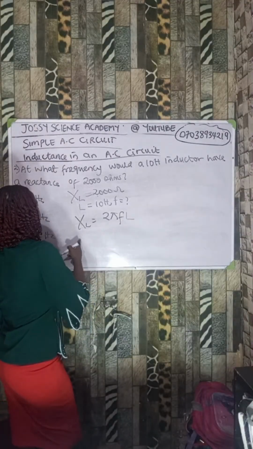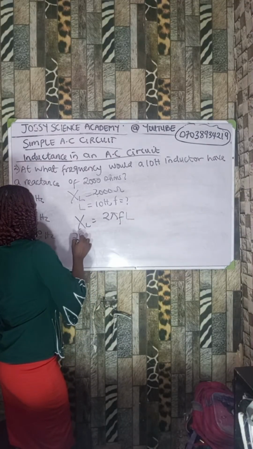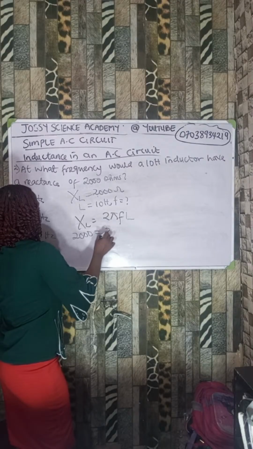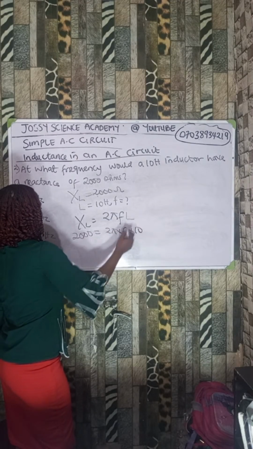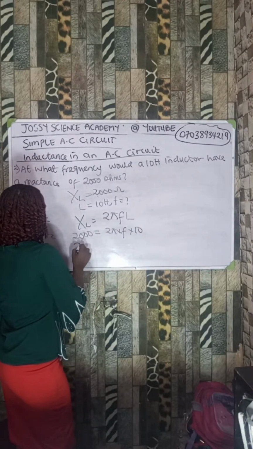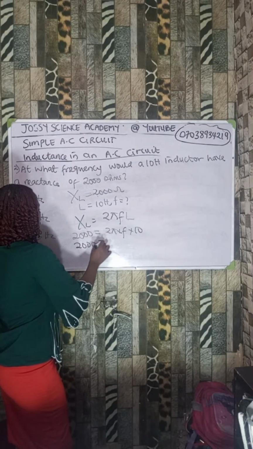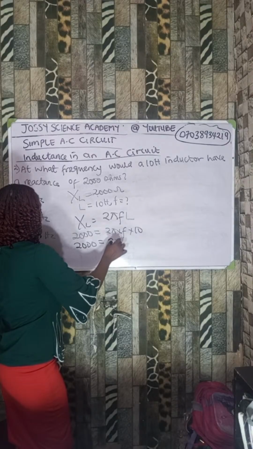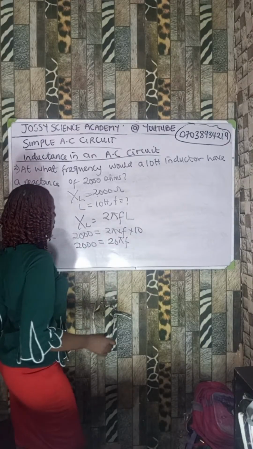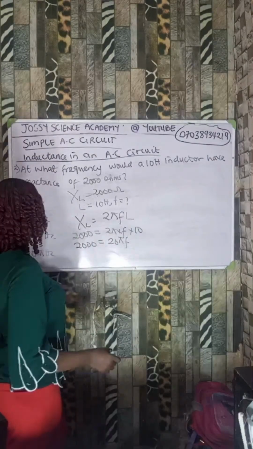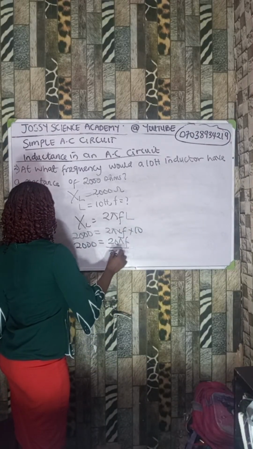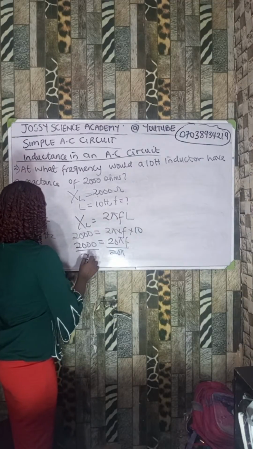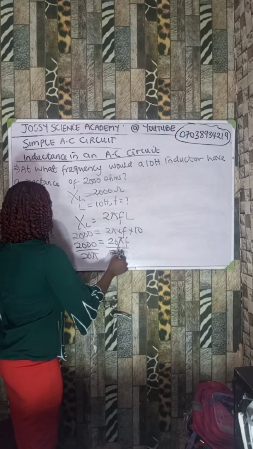What is my XL? It's given as 2000, which is equal to 2 pi times F times 10. Are we there? So this is 2000 equals 20 pi F. Now, because we want to look for the value of F, we divide both sides by 20 pi. Remember, keep pi as pi. Don't convert. This cancels.